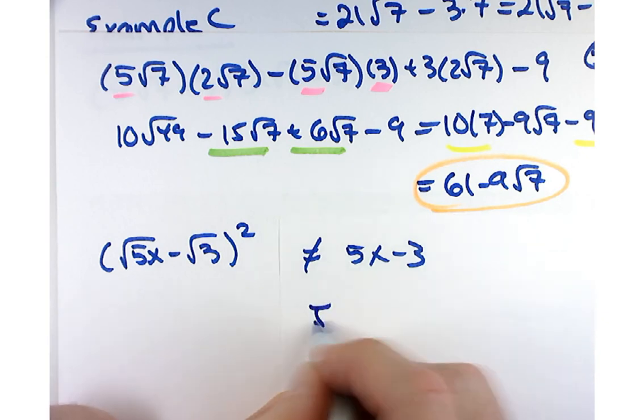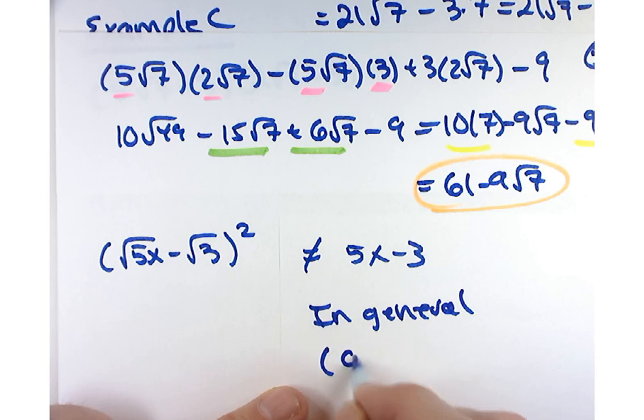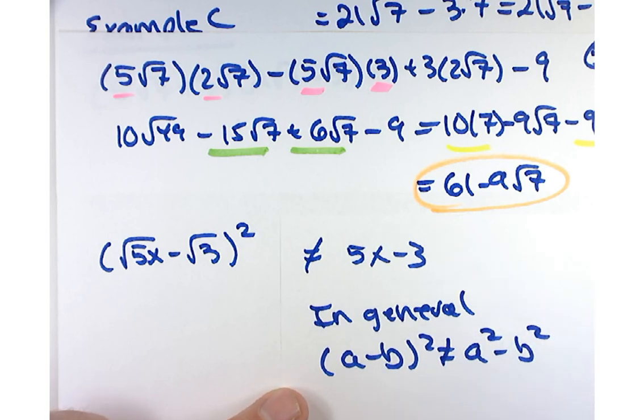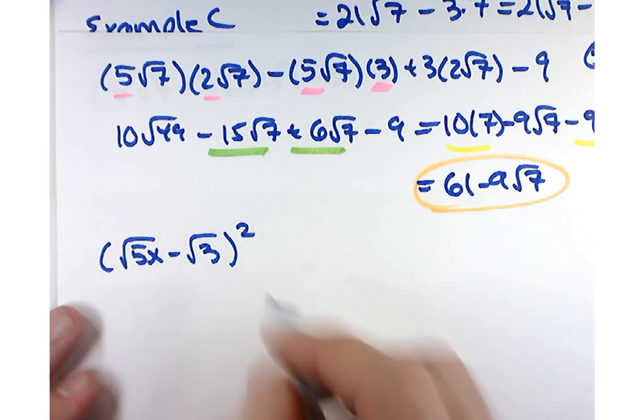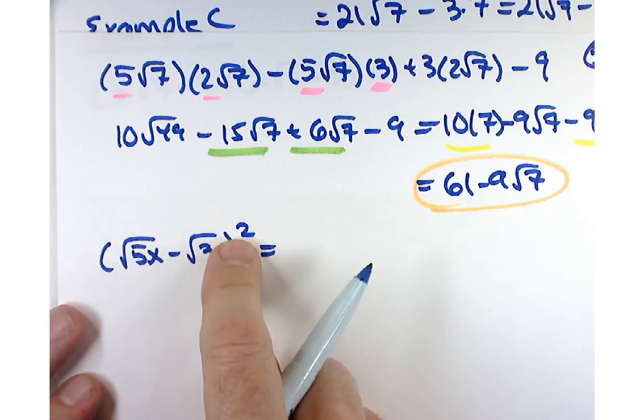In general, a minus b squared does not equal a squared minus b squared. It just doesn't. You can't square it out like that. So what do I have to do for something like this? We can't really just distribute the 2.